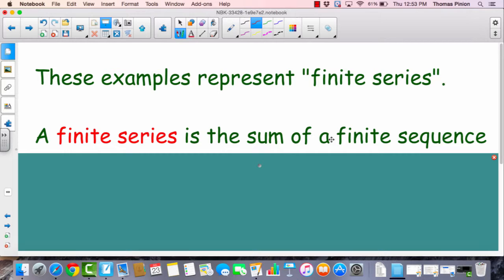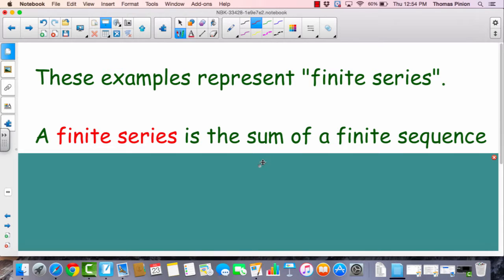The finite sequence means we have a set number of numbers in a pattern. That means we could count the numbers in the pattern. Like if we had 3 numbers in a sequence, there are 3 numbers. I can count that. If we have an infinite amount of numbers, I can't possibly sit and count all those numbers. Okay, and this just means we're going to add them together.